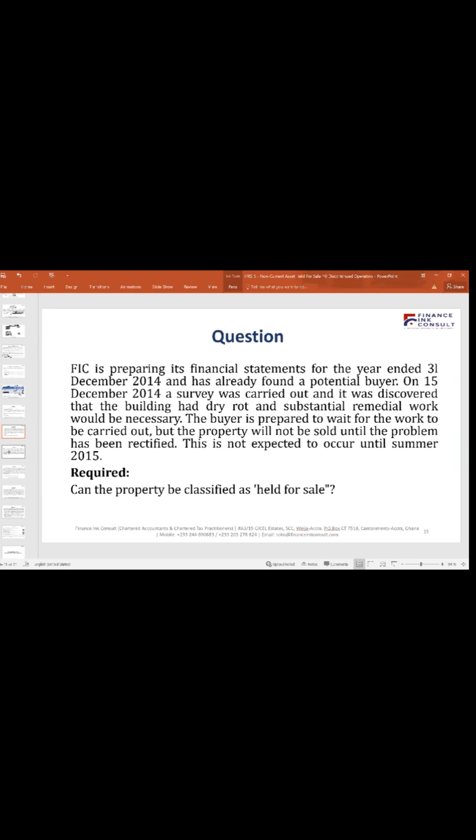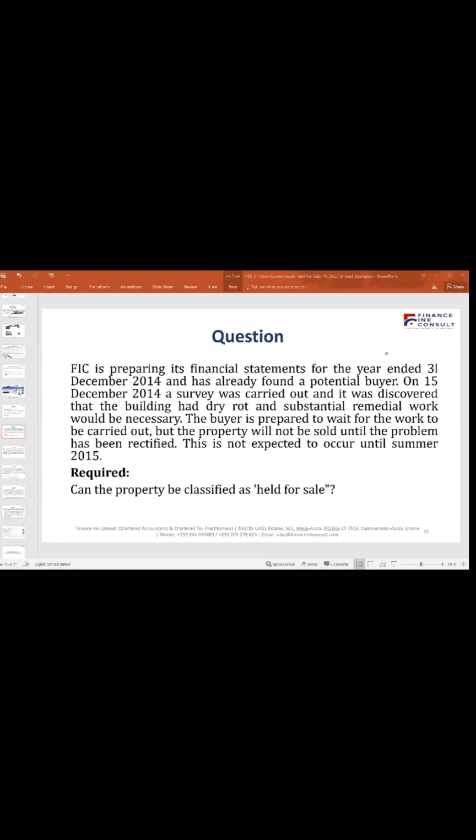FIC is preparing its financial statements for the year ended 31st December 2014 and has already found a potential buyer. On 31st December 2014, a survey was carried out and it was discovered that the building had dry rot and substantial remedial work would be necessary.